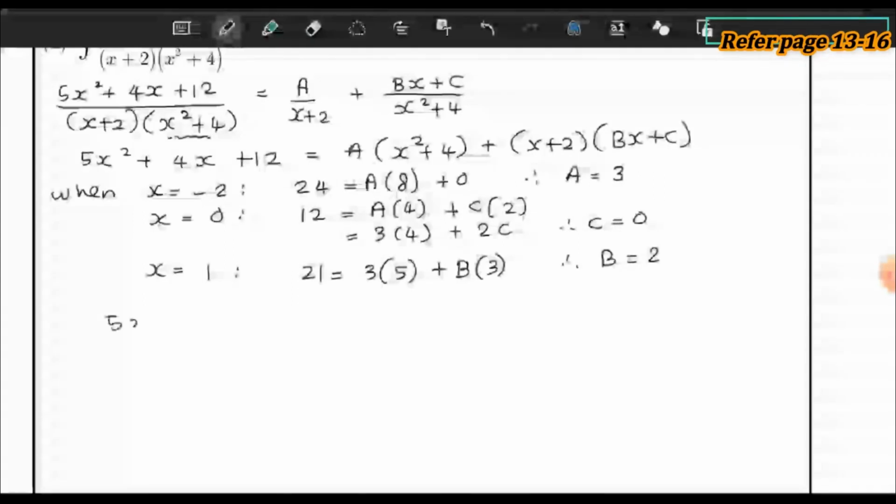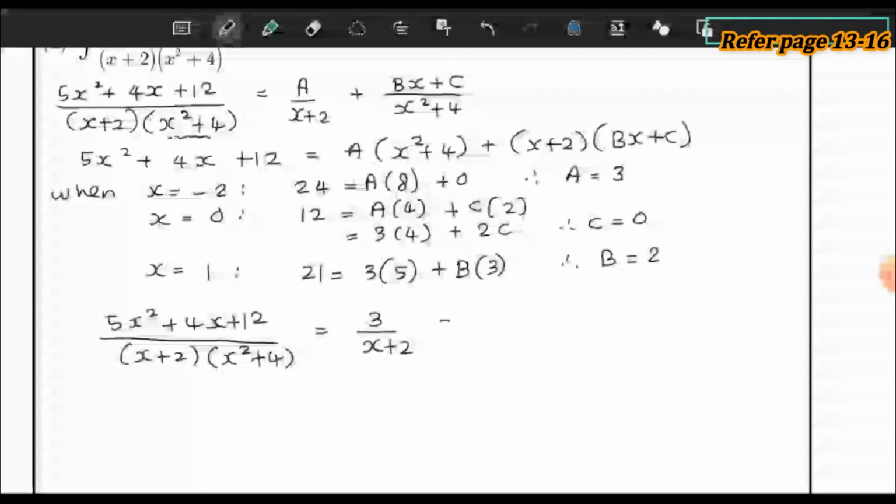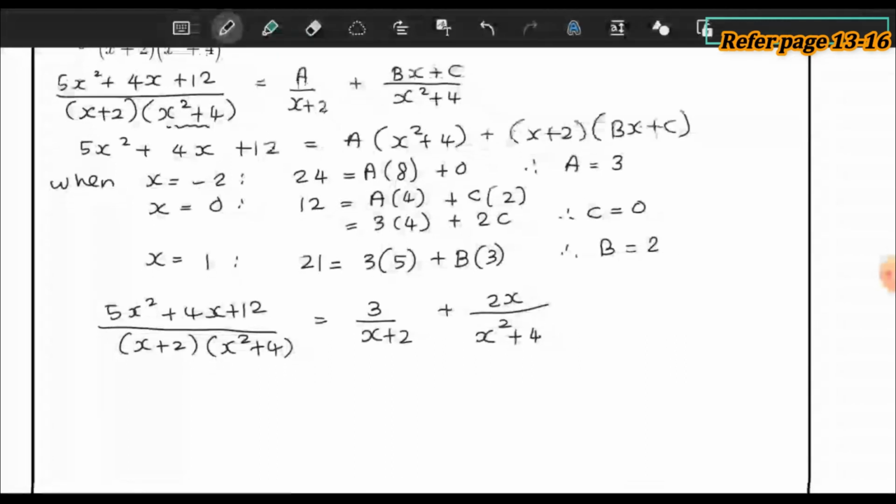Then the partial fraction (5x² + 4x + 12)/((x + 2)(x² + 4)) equals 3/(x + 2) plus 2x/(x² + 4), because c equals 0.